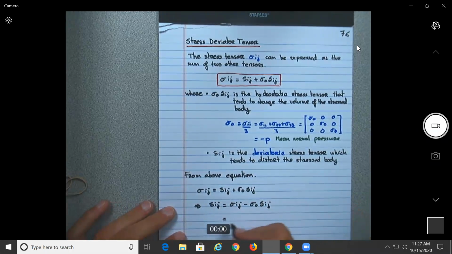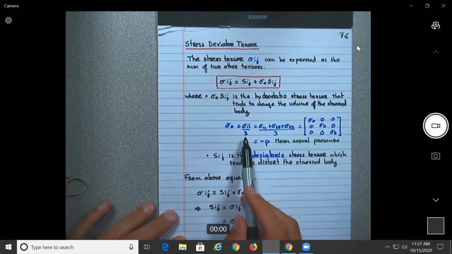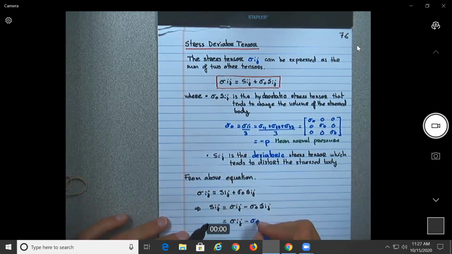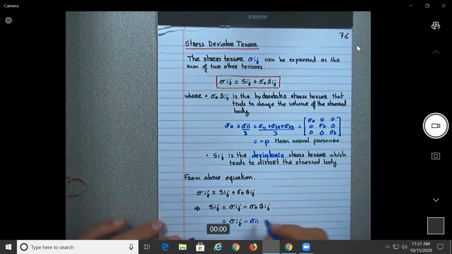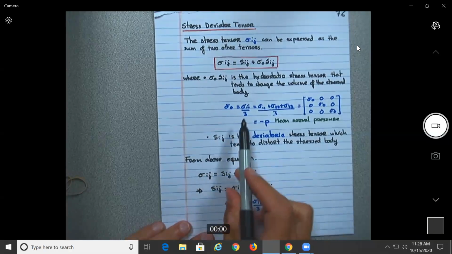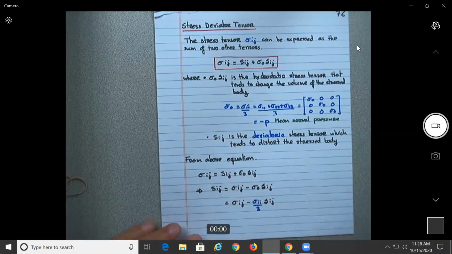Or we could write this as sigma ij minus, what is sigma sub naught? Sigma kk over 3, delta ij. I'm just using a different index here for the sigma sub naught. That's what I'm doing.